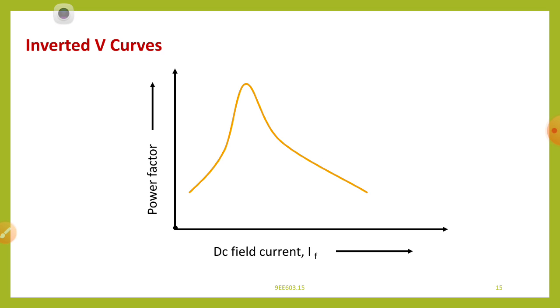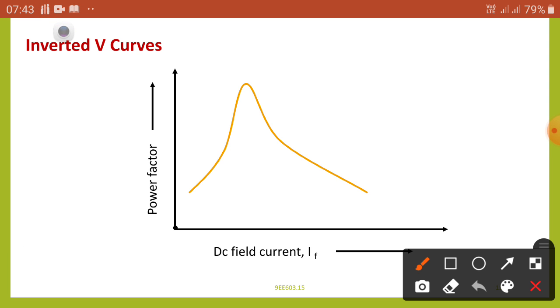So this is one curve drawn based on our readings under no load condition. How does this change? You can see it. Initially, what is the power factor and what is the field current?